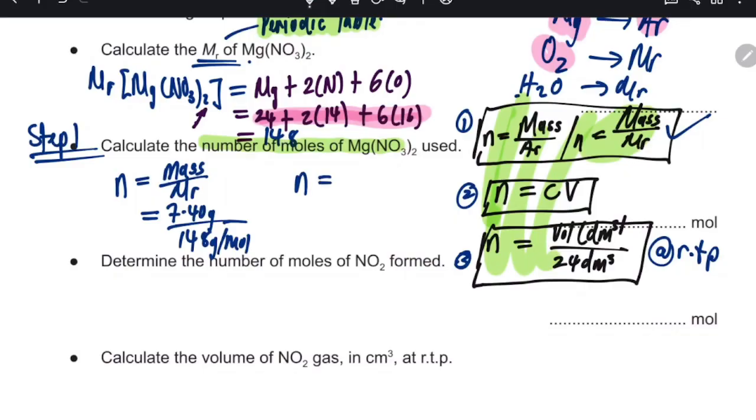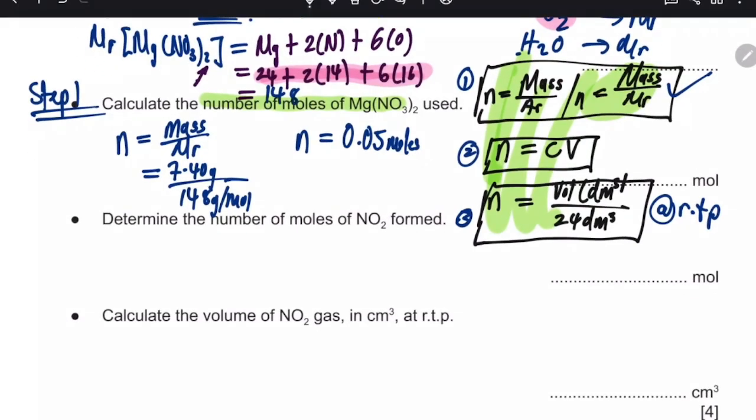Can somebody do it? 7.40 divided by 148. What do you get? 0.05 moles. So that's going to be the answer. Is everyone with me?